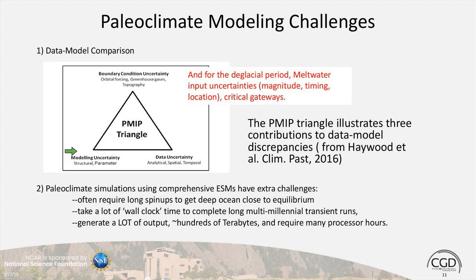And then we have modeling uncertainties. We have model biases, perhaps missing physics, parameter sensitivities, and then data uncertainty, which we had a webinar on a while ago by Dan Amrhein. And so reducing uncertainties in any of these regions allows us to achieve better data-model comparisons.